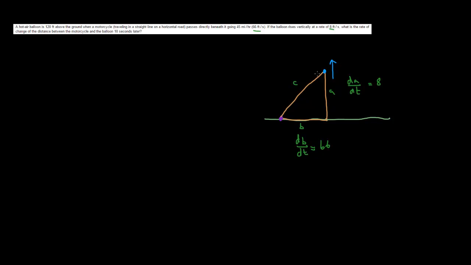Now we have the general equation here, from the Pythagorean Theorem. We're going to have a squared plus b squared equals c squared. And just like before, I think we're going to have 2a dA/dt. I hope we're to the point now where we just automatically write dA/dt, dB/dt, dC/dt.